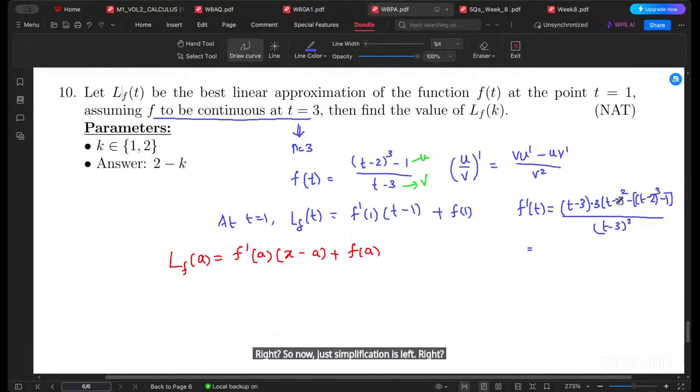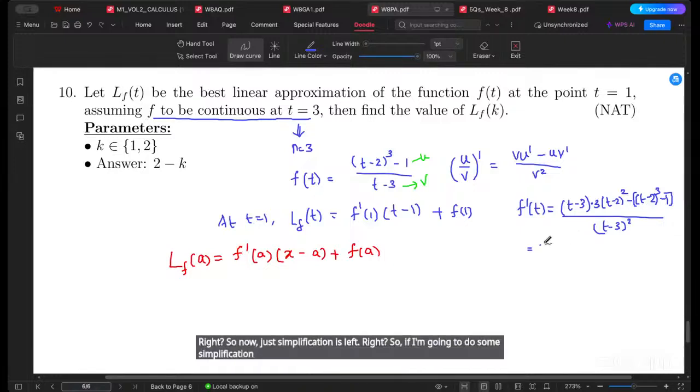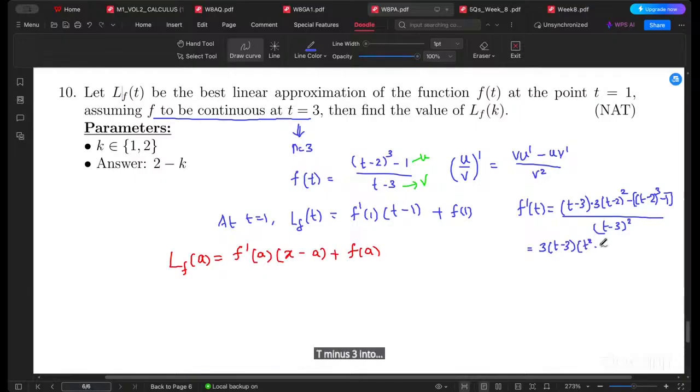If I am going to do some simplification, then you have 3 times of (t minus 3) into (t square minus 4t plus 2) minus, you have to apply the formula for (a minus b) whole cube. t cube minus 8 plus 6t square minus 6, or minus, am I doing it the correct way?